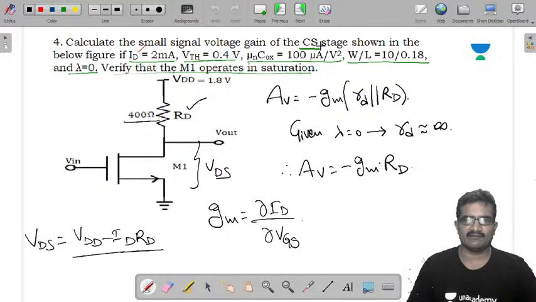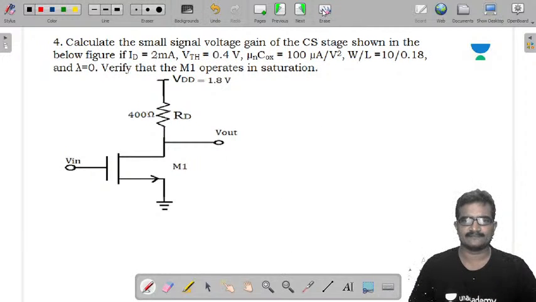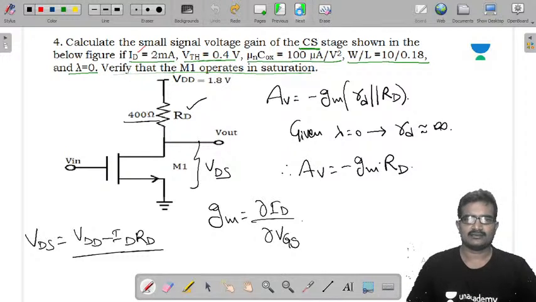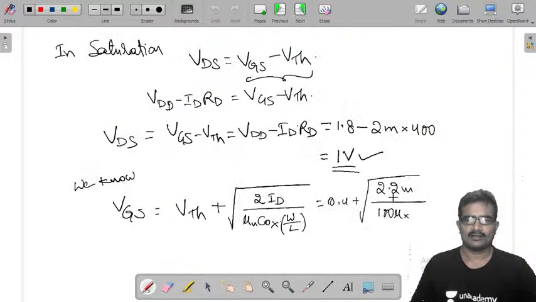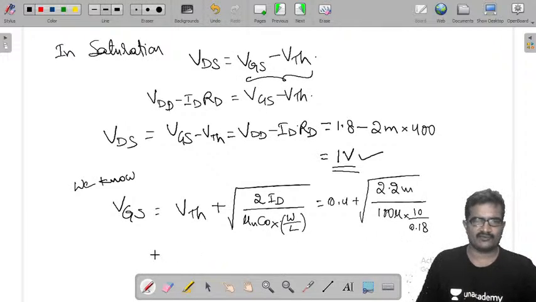W by L value is 10 by 0.18. Just simplify this. You get the VGS value.